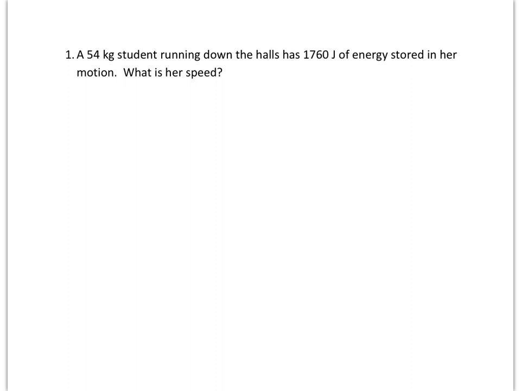We have a 54 kilogram student running down the halls with 1760 joules of energy stored in her motion. What is her speed? So because she's running, she's not changing height, and it tells you energy is stored in the motion, we know that the kinetic energy is equal to 1760 joules. Kilogram is the unit for mass.